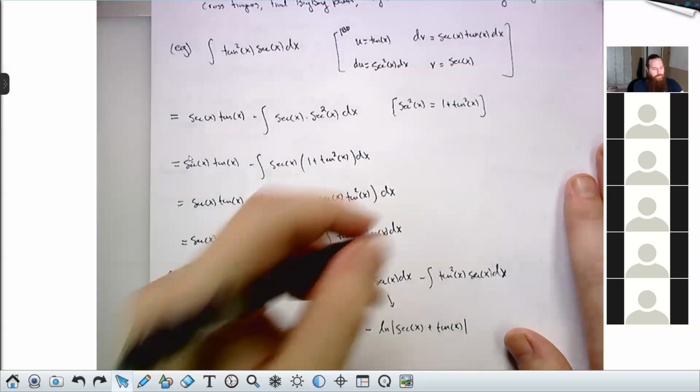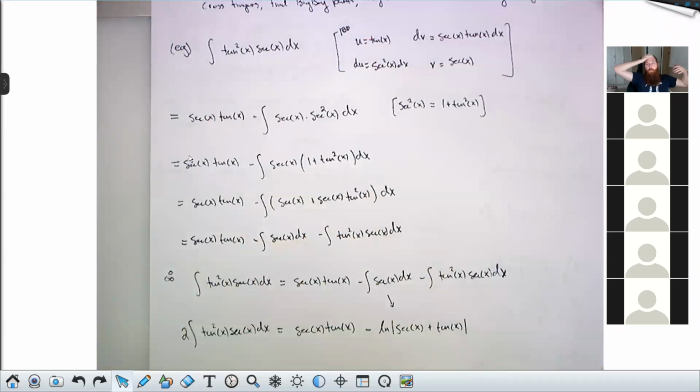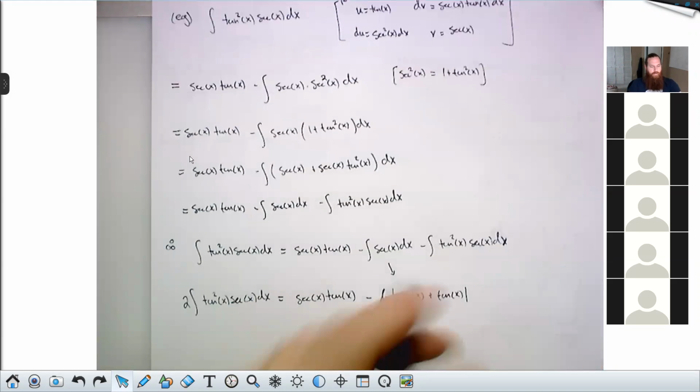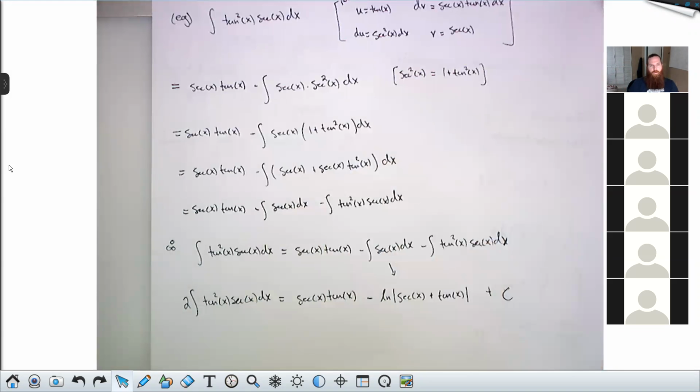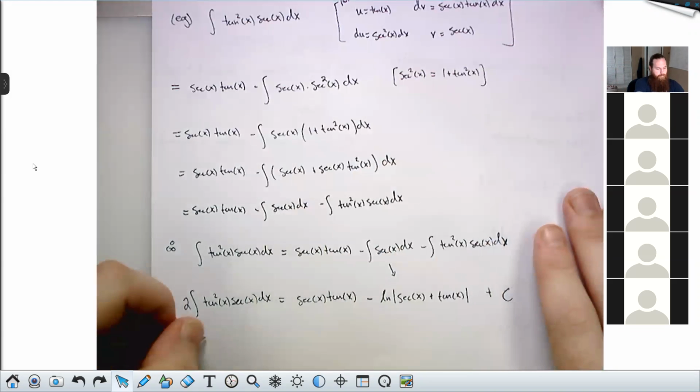And remember, he was one of the prereqs, one of the basic integrals that we needed to know before we could get started, right? Integral of secant. And at this stage, we should write our plus c because there are no more integrals on the right-hand side, and then you divide by 2 to win.